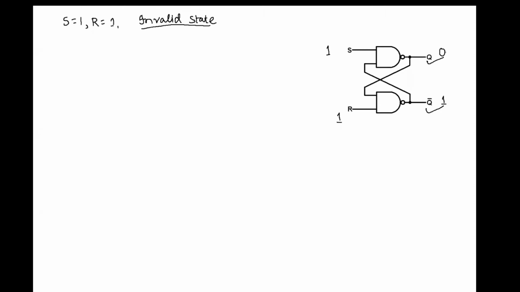To get rid of this invalid state, something needs to be attached to it. That is called modification, and that is what we are going to do now.